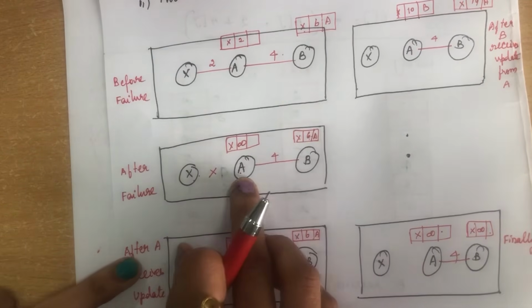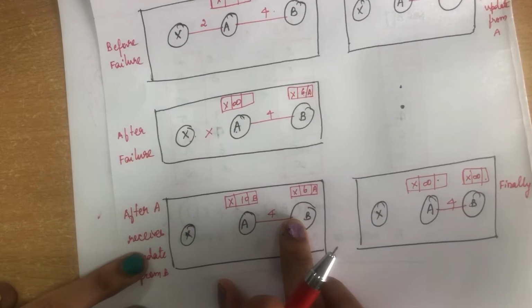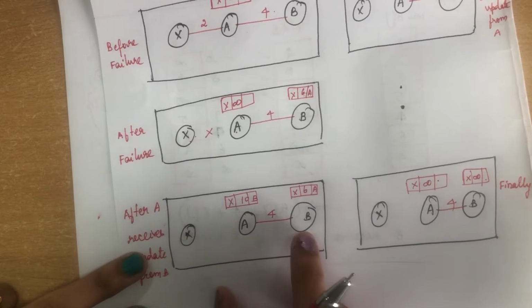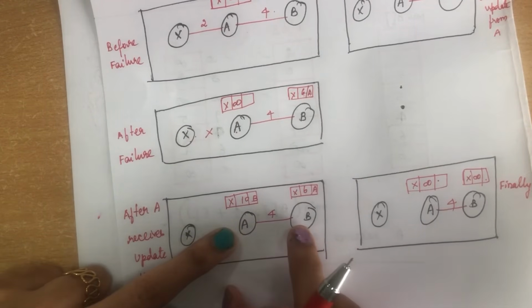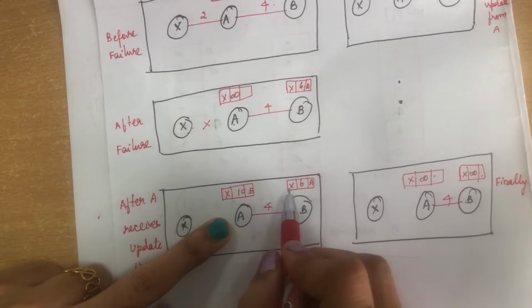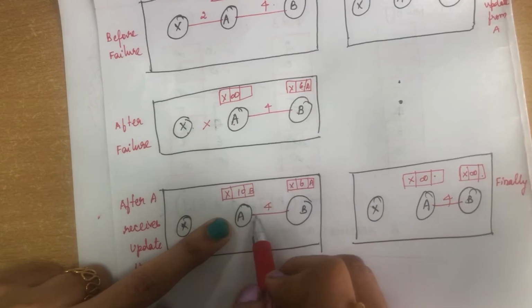However, it fails to send it. Now b sends its forwarding table information to a, so a thinks that b has found a new route to x, saying that to reach x the distance is 6 plus 4, that is 10.